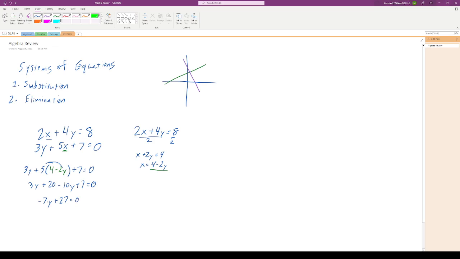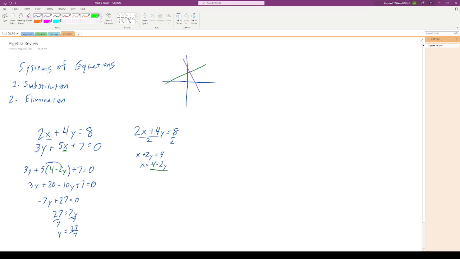Then I need to have the y's and the constants on opposite sides. I like to keep everything positive, so I'm going to actually move the 7y over here and get 27 equals 7y. Then to solve for y, we need to divide both sides by 7 and get y equals 27 over 7.